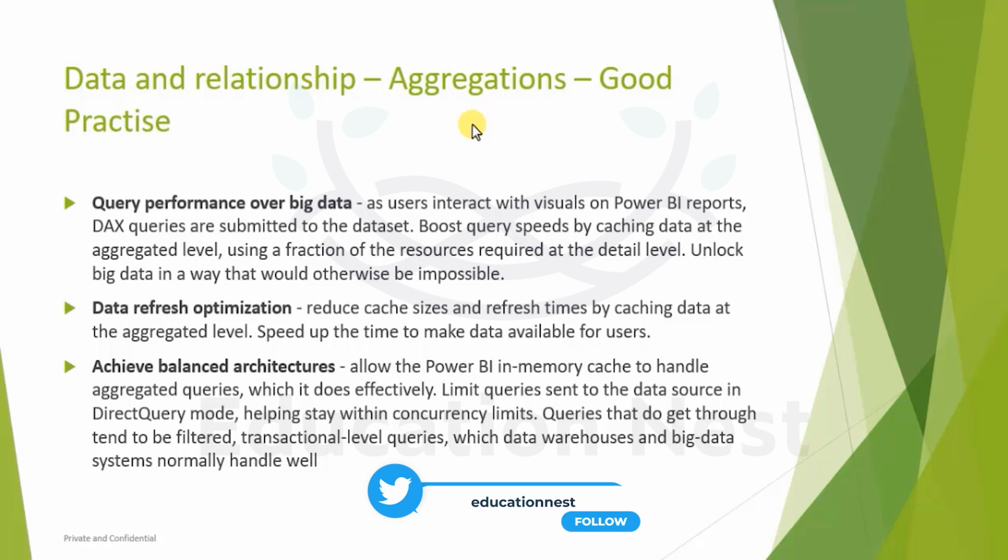So please ensure you have that kind of balanced architecture. Queries that do not get through tend to be filtered. Transactional level queries, which require a data warehouse or big data system, are normally handled well. So these are certain good practices which we need to keep in mind when we design a Power BI dashboard through the desktop.